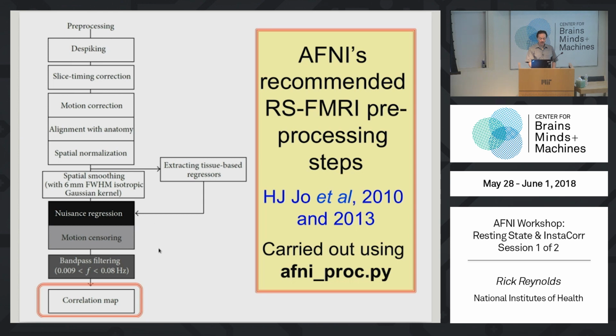And then in the regression model, to clean up your data, you've got the nuisance regression, which is maybe the motion parameters, maybe their first differences, maybe the tissue-based regressors, and then you have censoring.